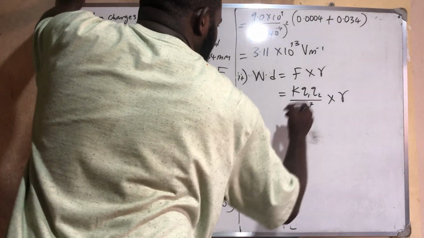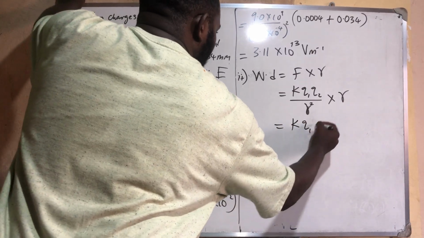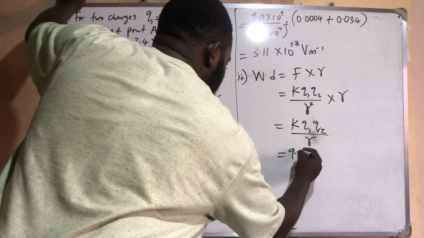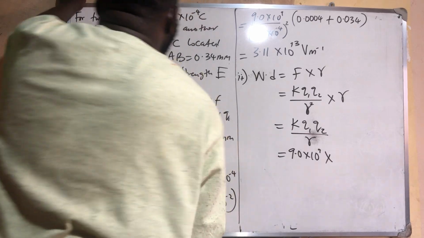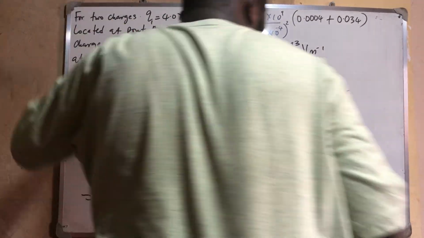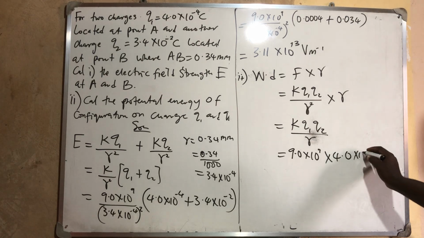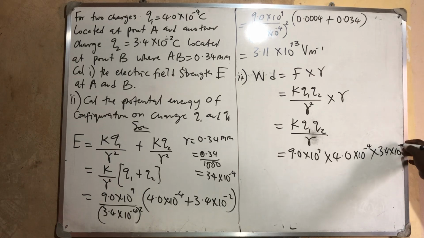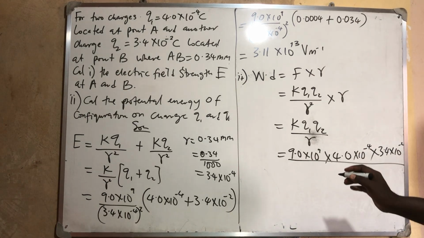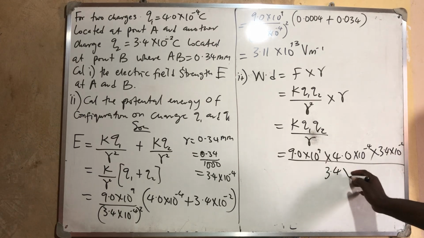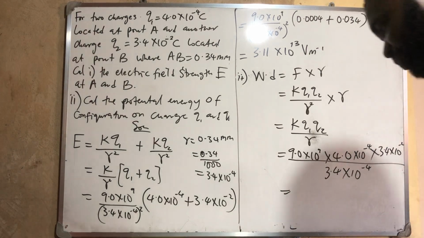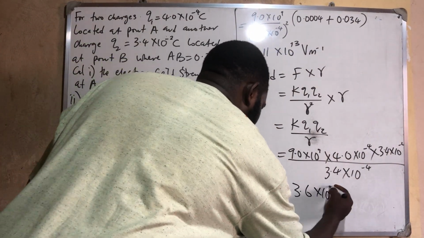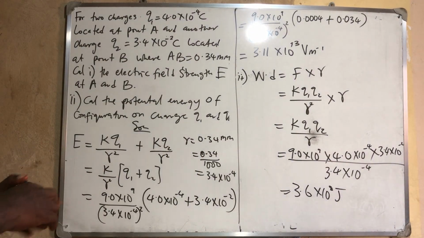So if one of these R cancels one of these R, I'm going to have KQ1 Q2 all over R. What is my K? 9.0 times 10 raised to power 9, times my Q1, 4.0 times 10 raised to power minus 4, times my Q2, 3.4 times 10 raised to power minus 2, then divided by my R, which is 3.4 again times 10 raised to power minus 4. So if you do everything there, you'll have 3.6 times 10 raised to power 8 joules. So that is my potential energy.